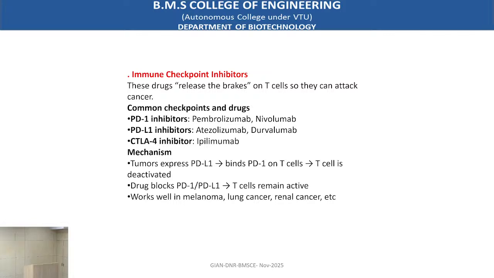That means it binds to this one, present on the killer T cell. If they make contact, it's kind of like a handshake. Oh, everything is fine, I'm not a bad one. Then the T cell thinks, oh, it's a normal cell, nothing to do with that. It goes off. It doesn't kill that.